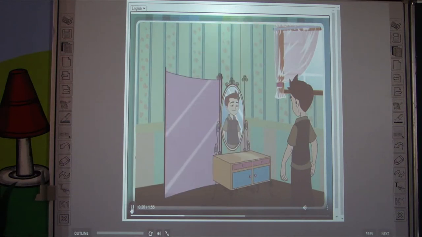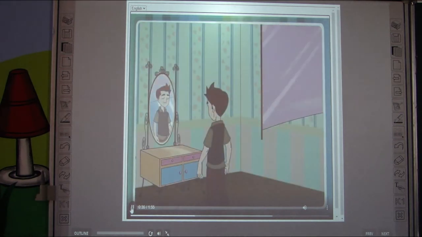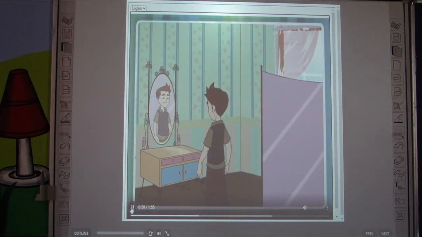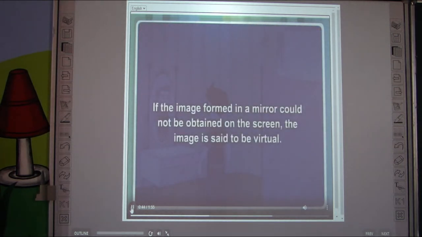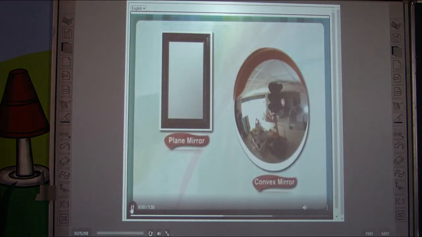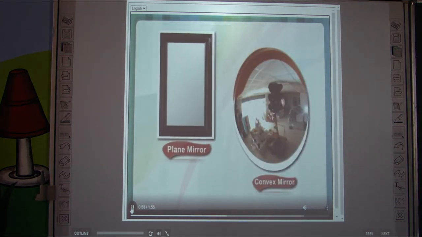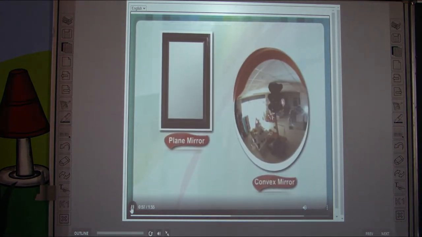If we place a screen at the back of the mirror, the image could not be obtained on it. Even if we place the screen in front of the mirror, the image could not be obtained on it. If the image formed in a mirror could not be obtained on the screen, the image is said to be virtual. Virtual images are generally formed by plane and convex mirrors.